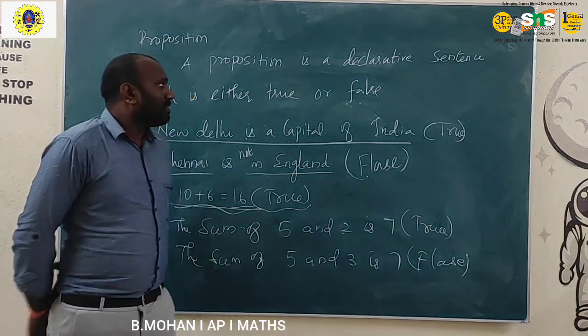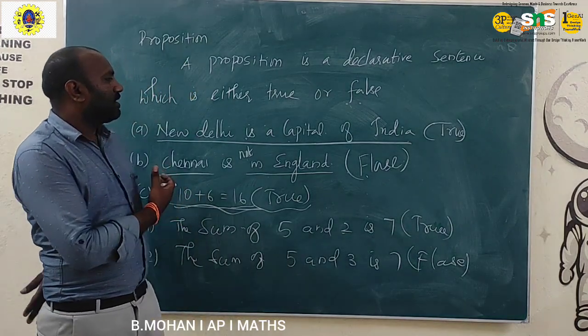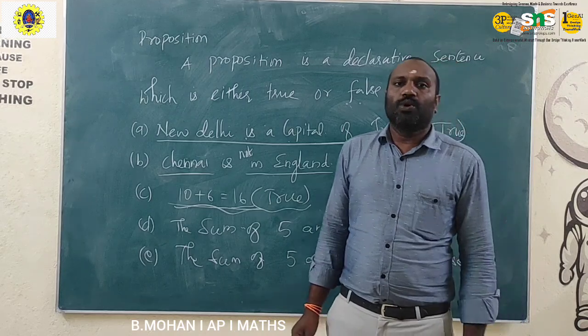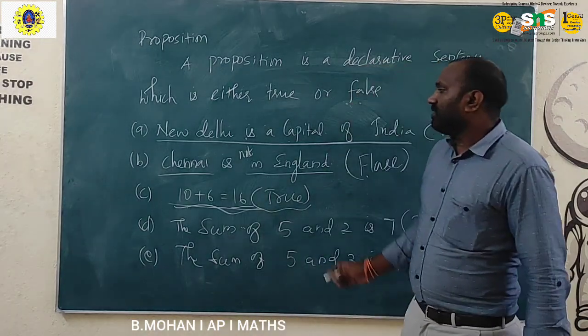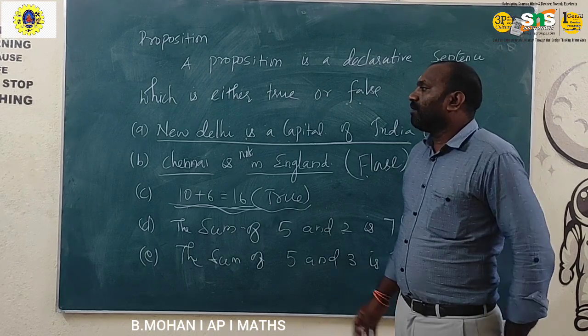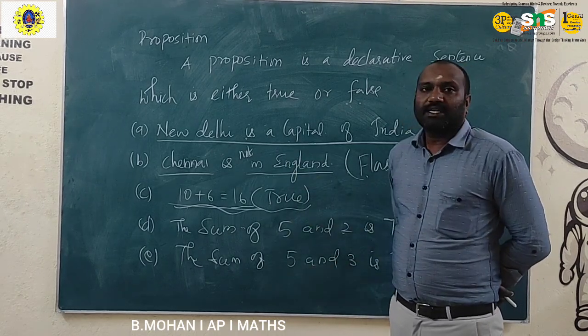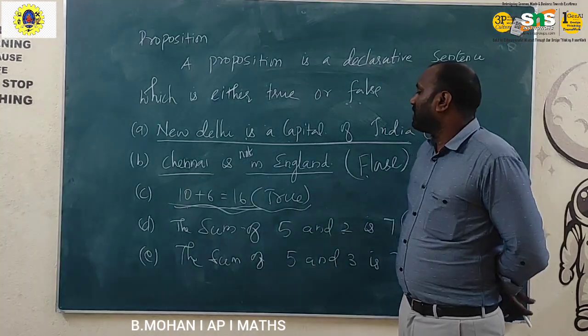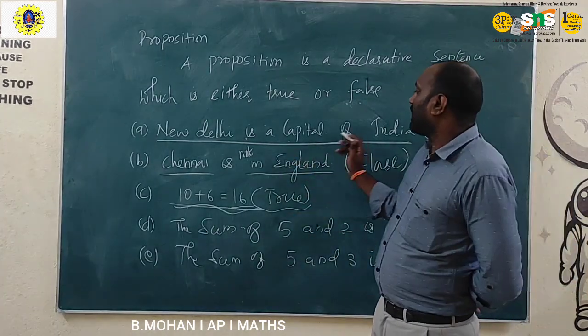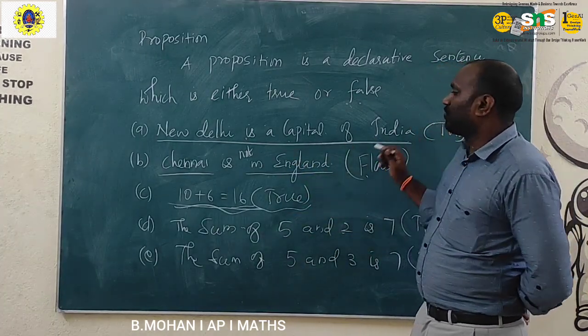So as the declaration of a proposition, the declaration of the sentence is either true or false. Nearly five sentences we saw are either true or false. New Delhi is the capital of India is true.